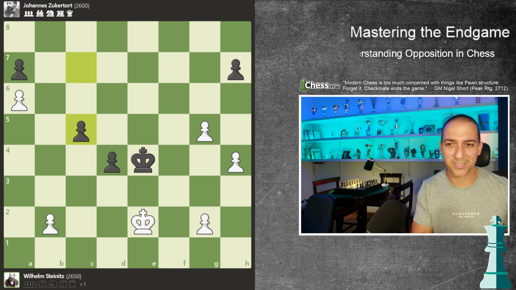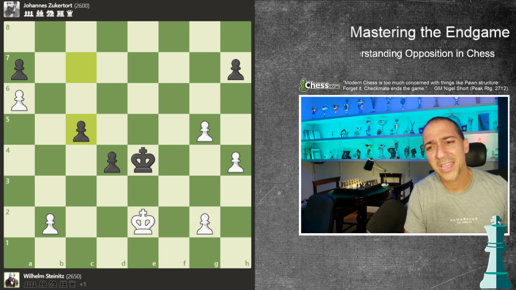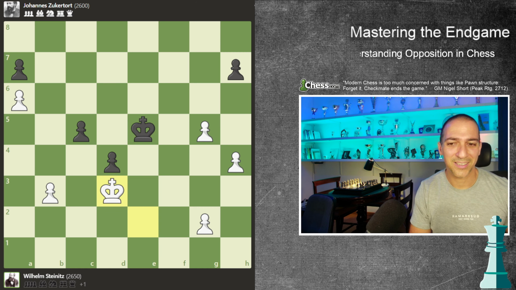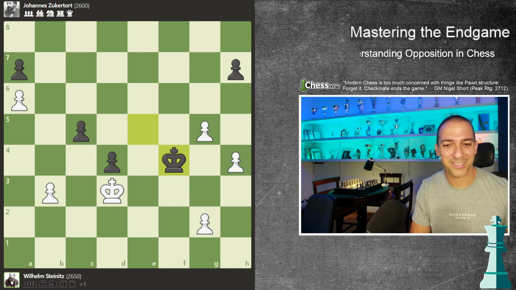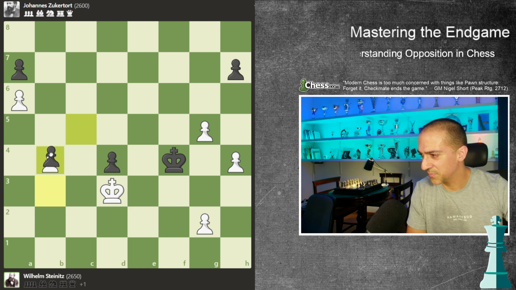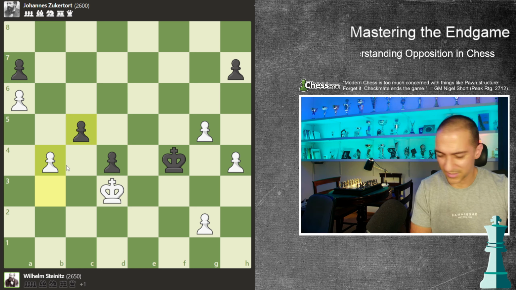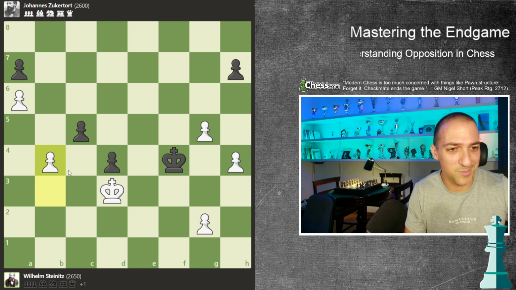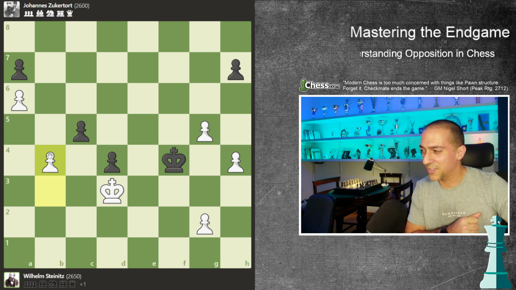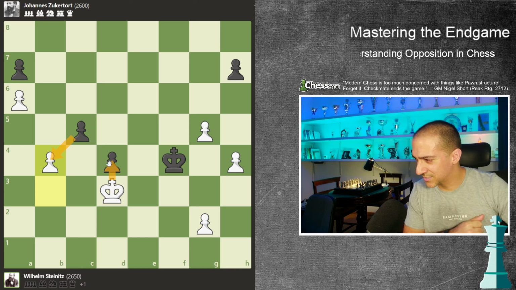Why? Because black will play c5, and now I have b3, and after king to f4, this move wins the game. It is easy because if the pawn takes, I will take with the king.